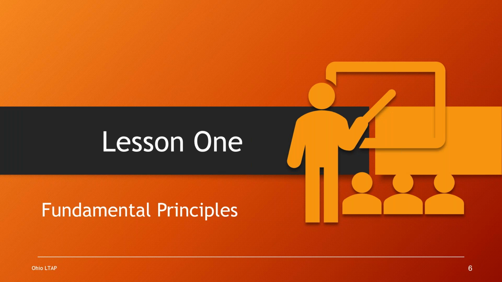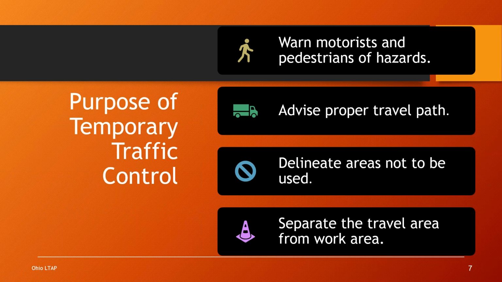Very good. All right. So let's go ahead and begin lesson 1, which is the fundamental principles behind our work zone traffic control design. Okay, so first of all, the temporary traffic control manual lists the different purposes of temporary traffic control, and here they are.